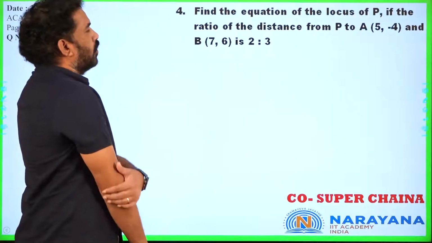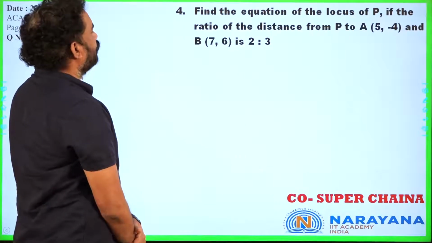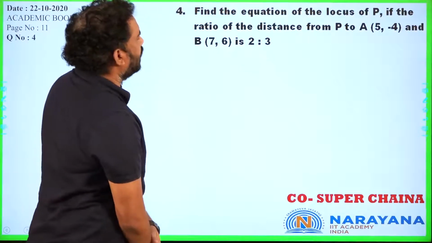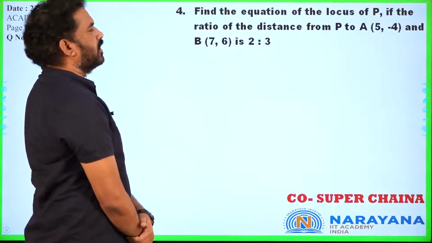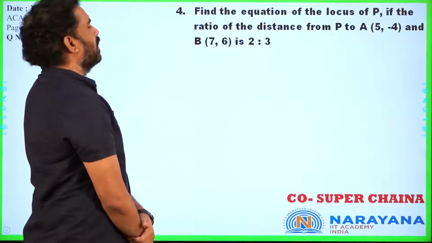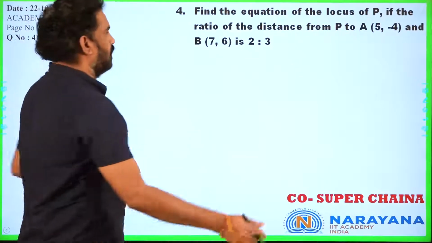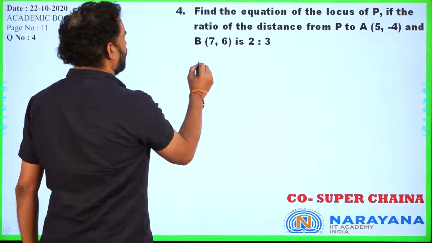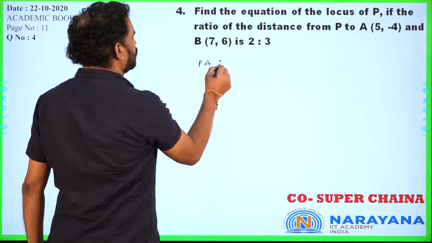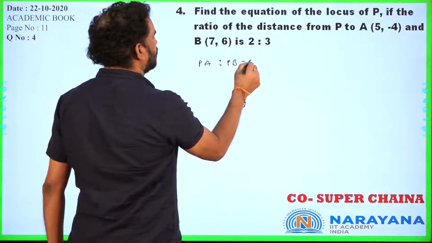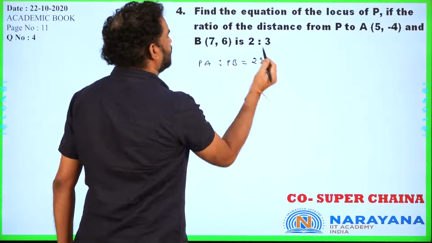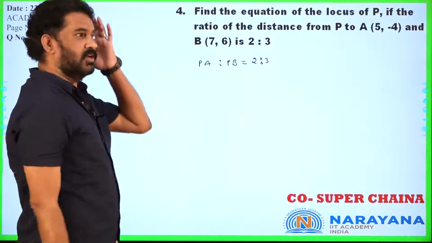Find the equation of the locus of P if the ratio of the distances from P to A (5 comma minus 4) and B (7 comma 6) is 2 is to 3. Very simple. They have given the ratio PA is to PB equals 2 is to 3.